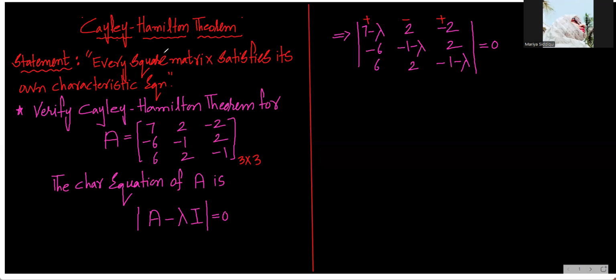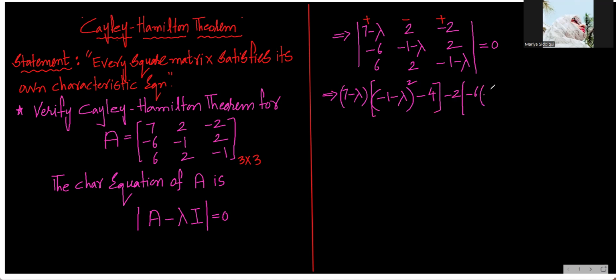Working on this: consider 7 minus lambda, and we neglect the corresponding row and column. It is -1 minus lambda, and the other is also -1 minus lambda, so together it becomes a whole square. -2 times 4. If you don't understand, you can make it separate also. You'll get the same thing. And the second element -2, then its column and row are neglected. -6 into -1 minus lambda.